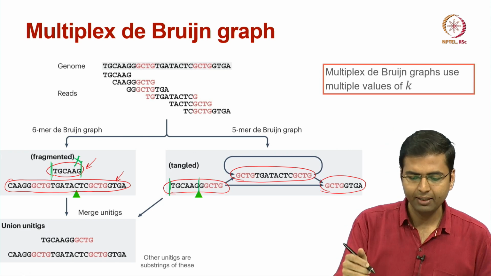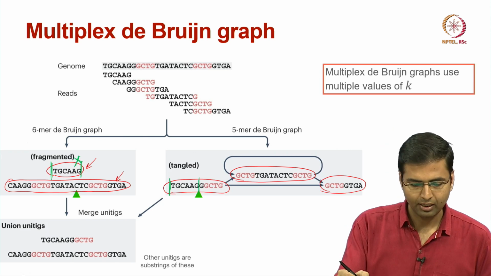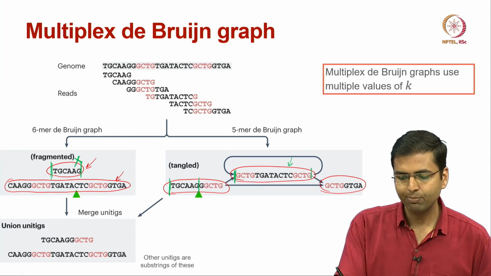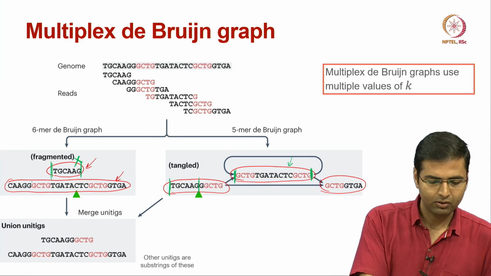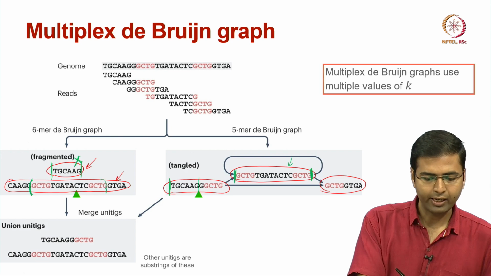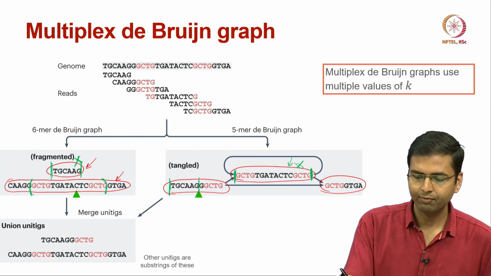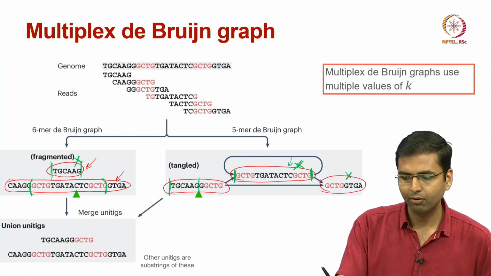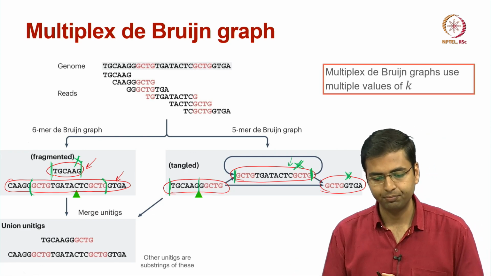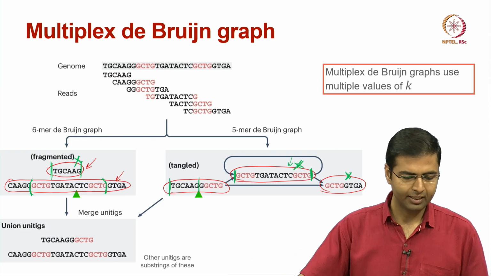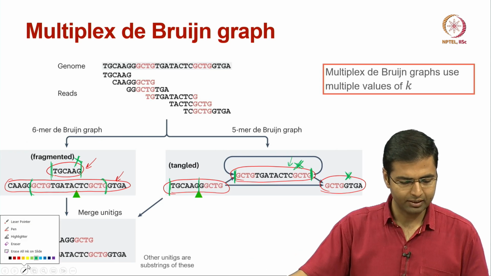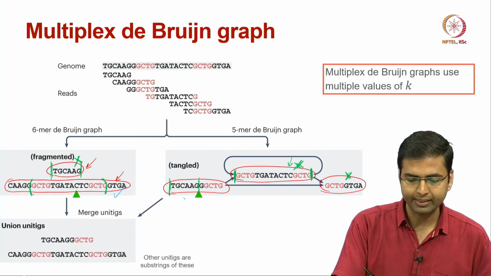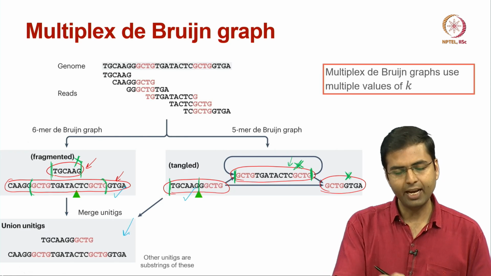Similarly, this unitig is part of the unitig here, so again we will ignore it when merging, and again we will ignore this unitig for the same reason. Ultimately we will pick two unitigs to avoid redundancy, and so these two unitigs get selected and we will merge them to have a merged unitig set.